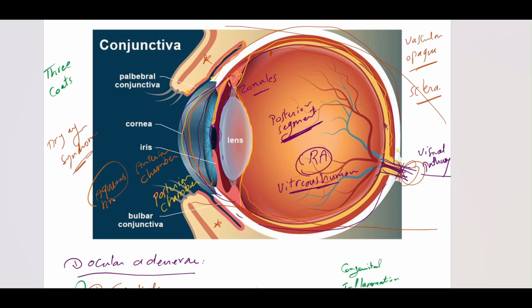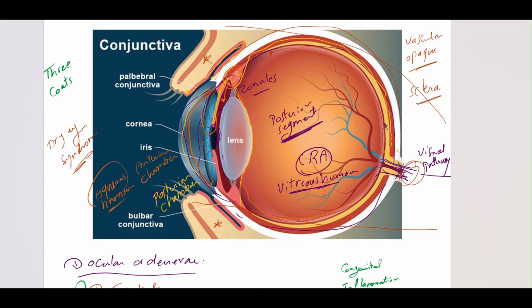The aqueous humor is a fluid found in the anterior part of the eye. It's formed in the factory in the ciliary body, secreted into the posterior chamber, flows through the pupil, and then into the anterior chamber, and then it's drained outside the eye. It's drained through this angle.